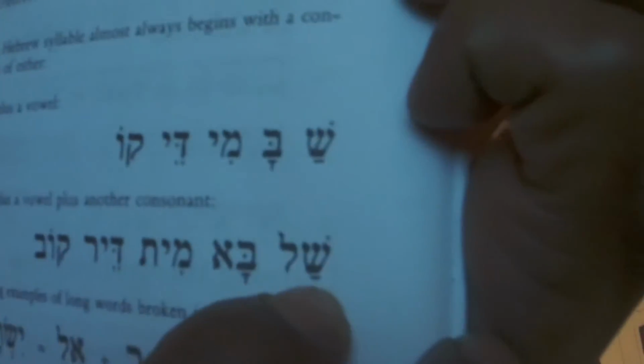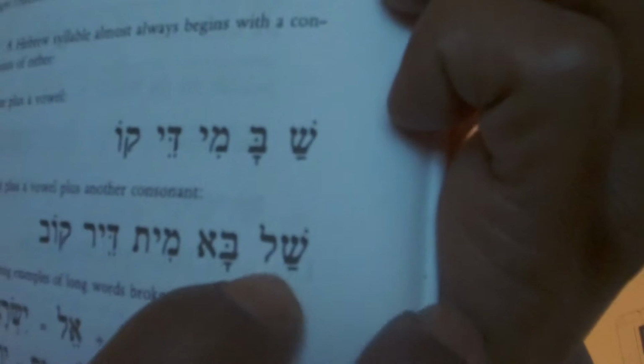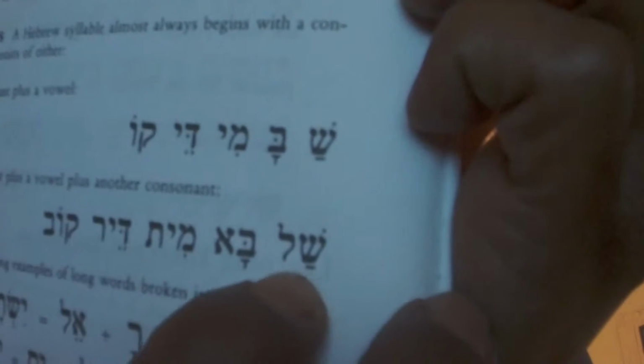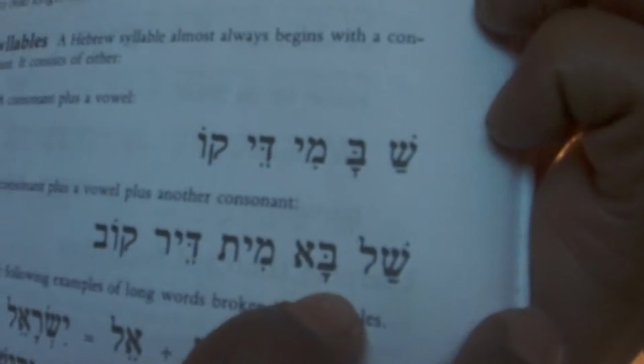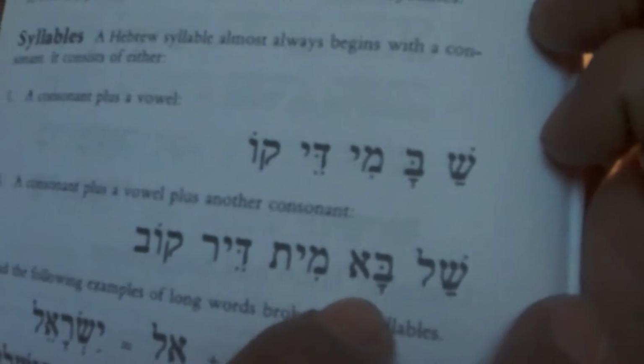Okay, the syllable breakdown: a consonant plus a vowel plus another consonant. And that's simple, that's self-explanatory. Sh, a, l, shawl. B, a, aleph is silent.